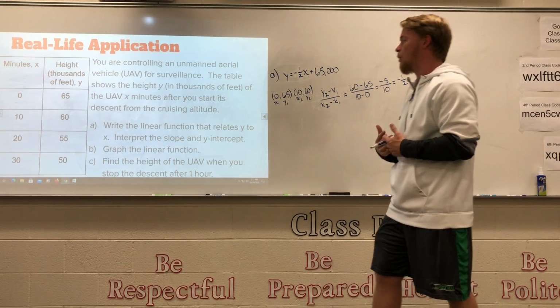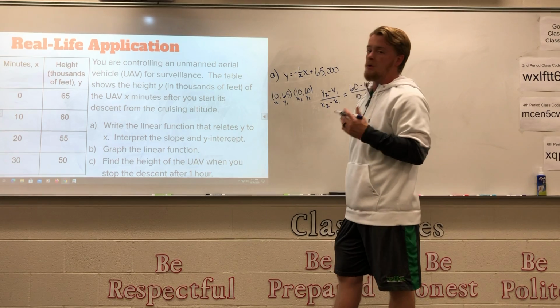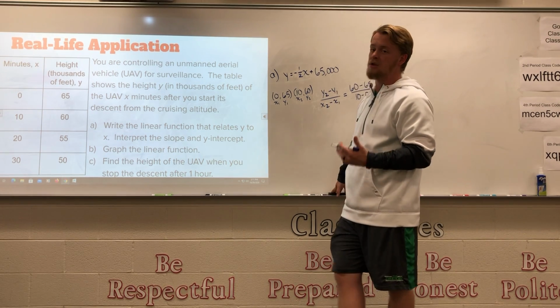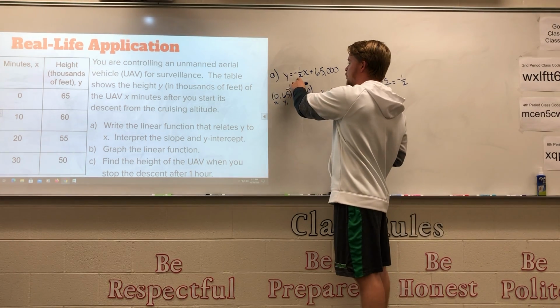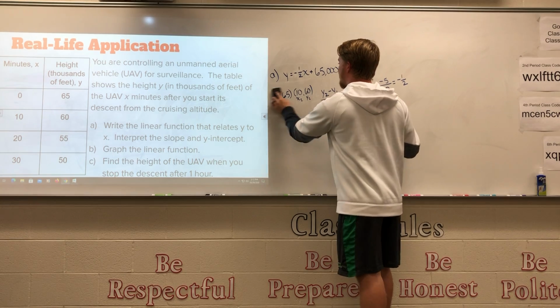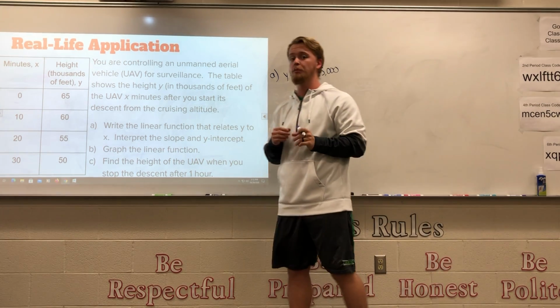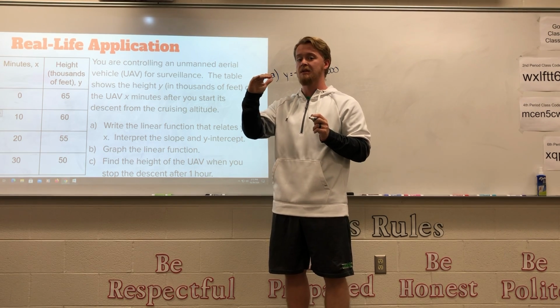Now, to interpret the slope and y-intercept. This is a little different than stuff you've done before, but interpret just means to tell what it means. To tell what the slope means, you're kind of just going back to the definition of a slope. Remember, the definition of a slope is change in y over change in x.